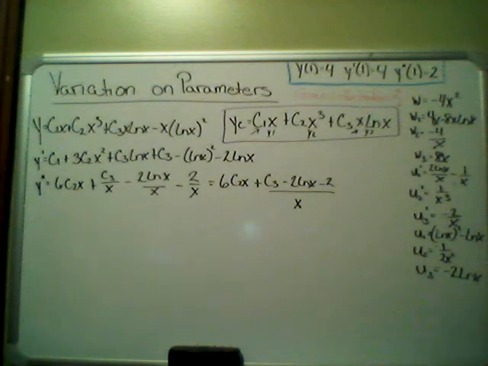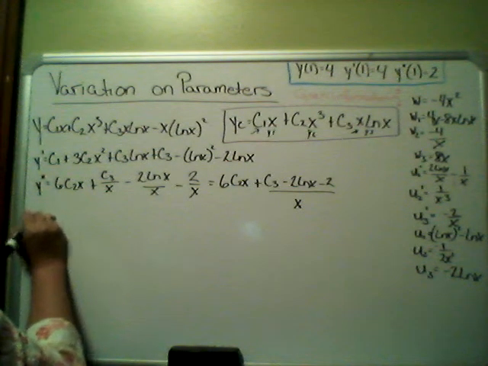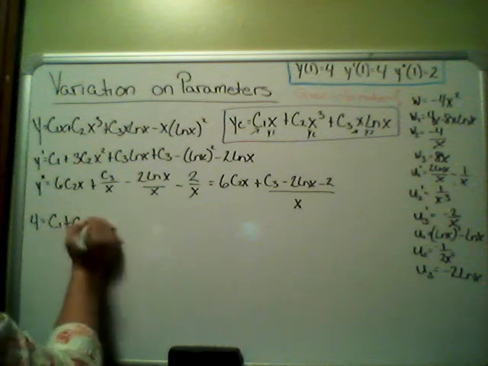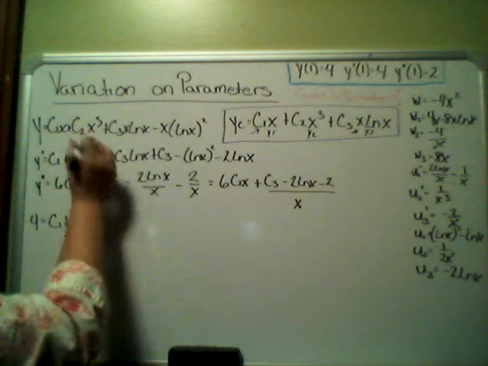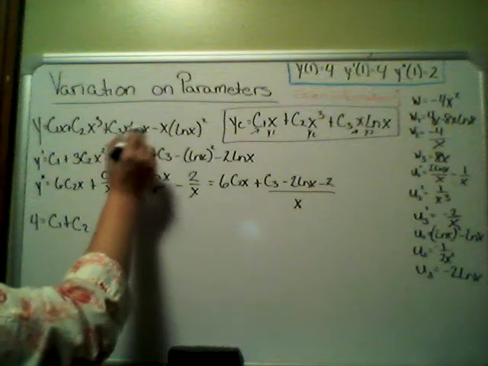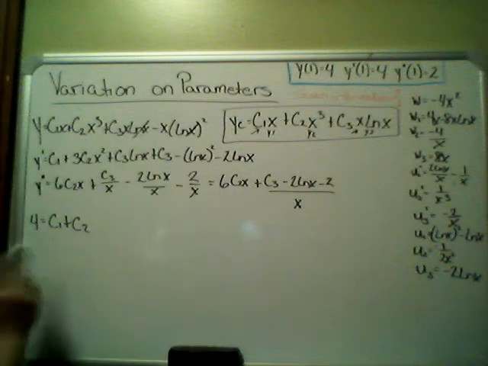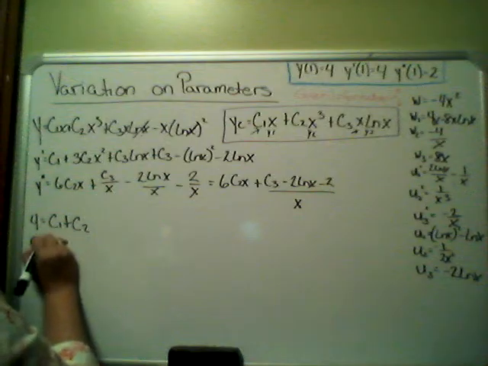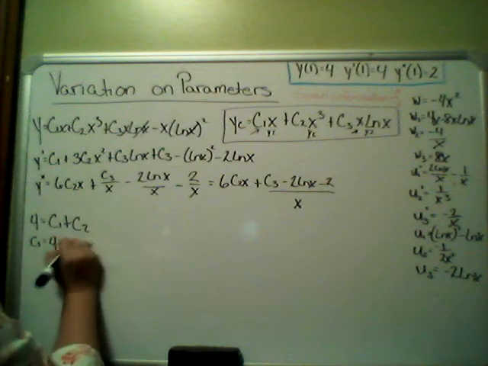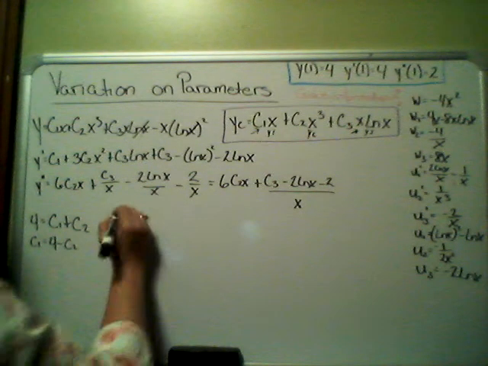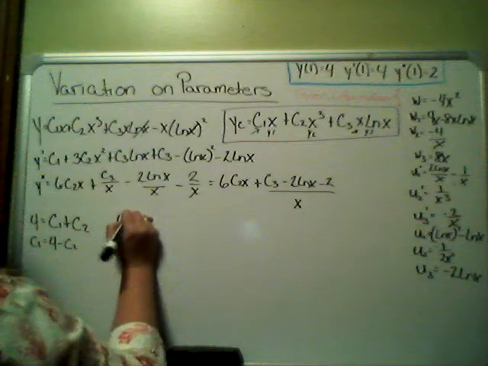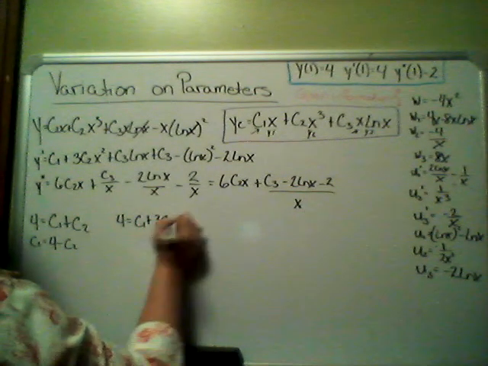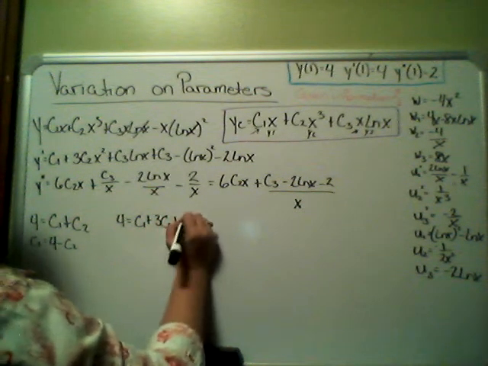So now we're going to plug in what we know for each equation to start solving for our constants. So we're going to have 4 equals c1 plus c2, because we'll put a 1 in here and a 1 in here. When you put a 1 in here, this goes to 0 and this goes to 0. So we can say that C1 is equal to 4 minus C2. And then we're also going to have 4 is equal to C1 plus 3C2 plus C3.